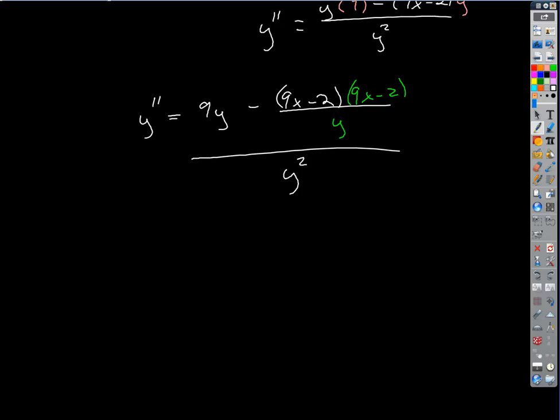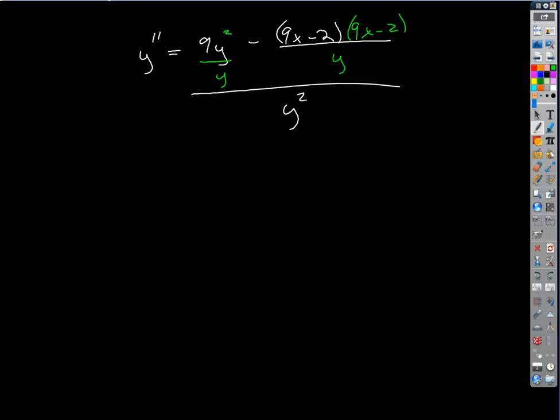What do we do in a situation like this? Got to get a common denominator, don't we? So I'm going to multiply this fraction by y over y to get a common denominator. Okay, and then what do I have? If I do all that, on the top I've got 9y squared minus 9x minus 2 squared, right?